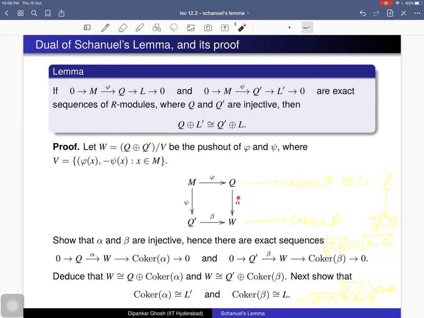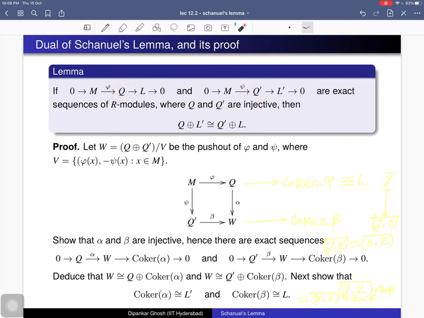So, this alpha is an injective module homomorphism from Q to W. So, considering this injective module homomorphism, we can have a short exact sequence like this, and considering this injective module homomorphism, we can have a short exact sequence like this. So, we just have to consider the co-kernel of beta. Then we can use the fact that both Q and Q prime are injective R modules.